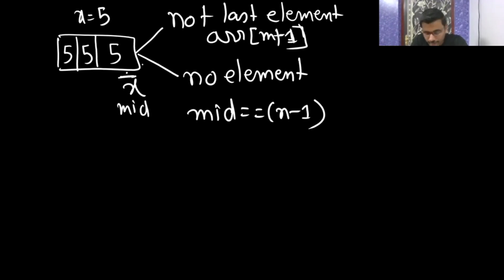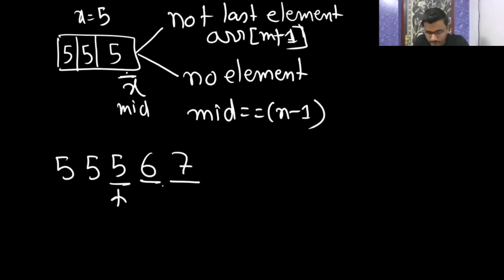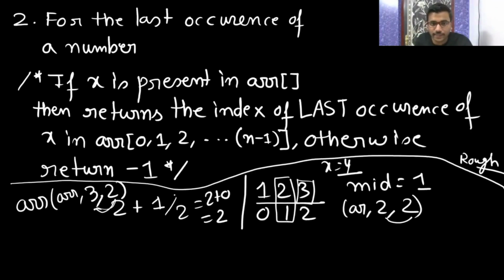So some value should be greater, then only we can say that this is the last occurrence. Understood? Since it is an increasing order, if it is the last position, then after that, if the array has something, it must have a greater number. I have written in the problem statement that array index will start from 0 to n minus 1.